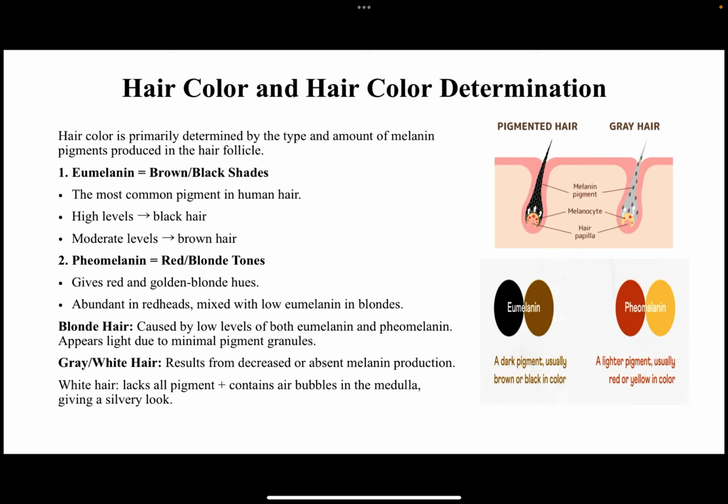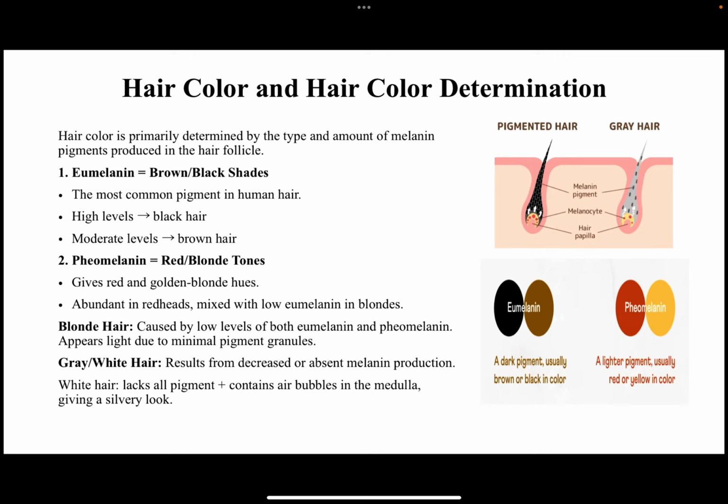So you see some people, their hair color is very black. It tells you that the melanin pigment within their hair follicle is eumelanin. If someone has brown hair, it also tells you that the melanin pigment within their hair follicle is eumelanin.